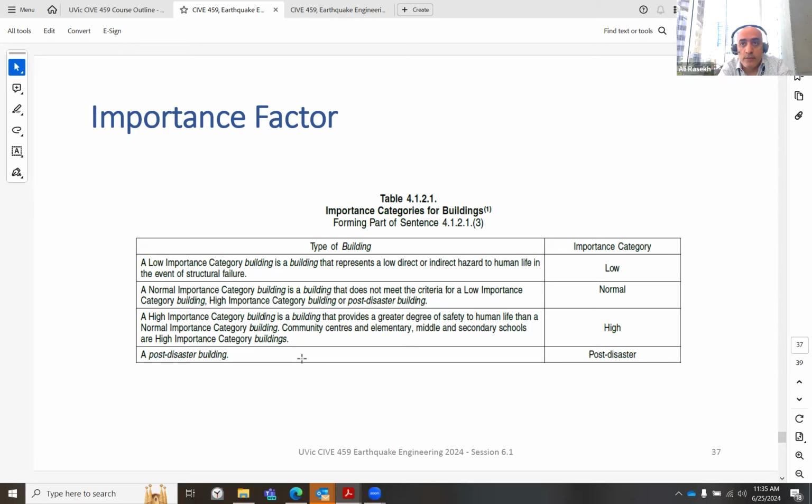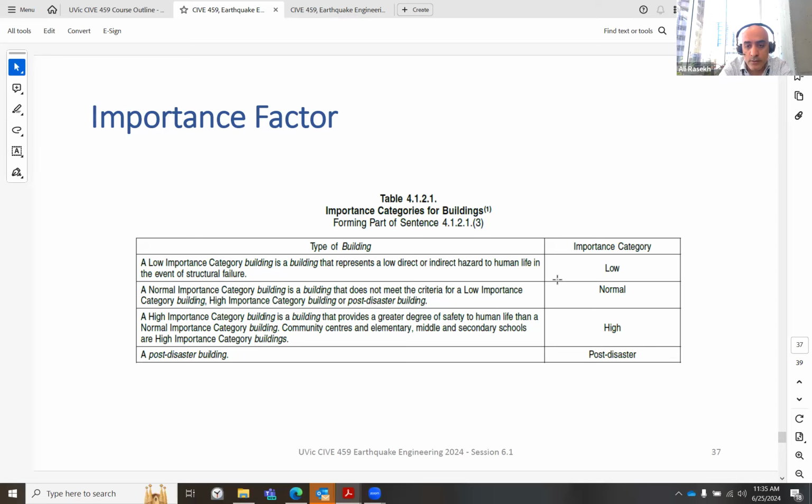And if there's toxic material in a building, that's definitely post-disaster. You don't want it to break and release the toxicity. So you get the idea of how we have different categories. We reduce the earthquake force for low, and we increase it for high and post-disaster.